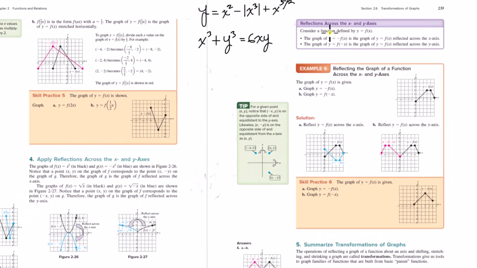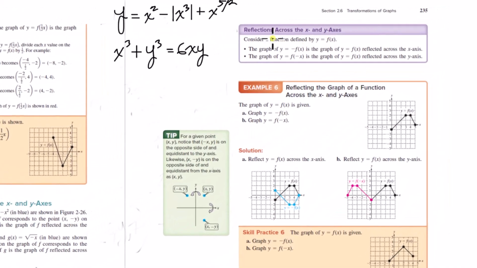Okay, the last type of transformation is a reflection across the x or y axis. Here's the general summary of this, and I don't like how they present this for functions. If you want to apply a reflection about the x-axis, then put a minus sign in front of every y variable.